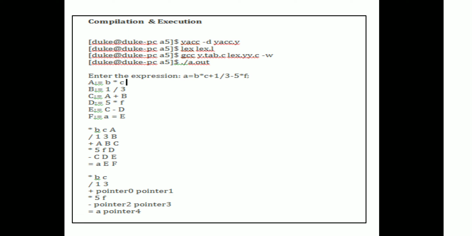Here we are going to use different temporary variables, from A to B, C, D, and that temporary variable is initialized, that is A. While compiling the program, first we compile the Yacc file, then the Lex file, then the C file, and then it gives an output.